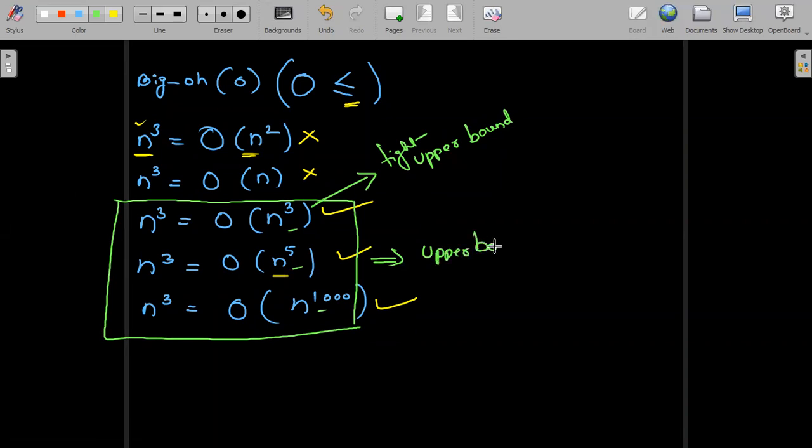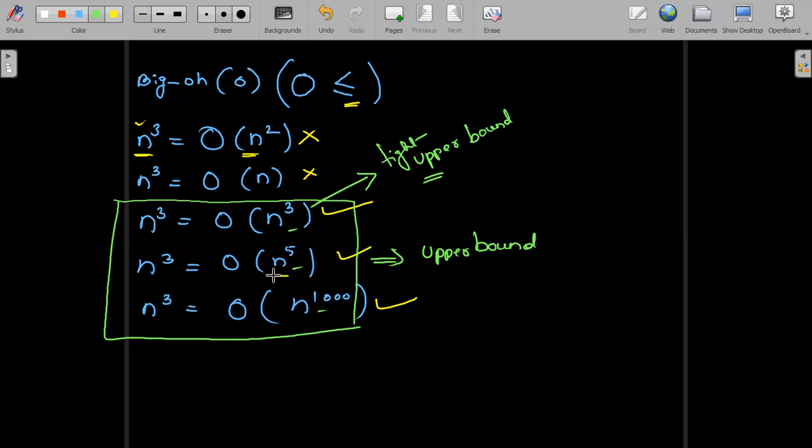But why am I calling n cube equal to n cube, n power 3, a tight bound? Because it says that at this condition, with equality, it will satisfy. That is the reason it is the tightest bound, so I call this one a tight upper bound.